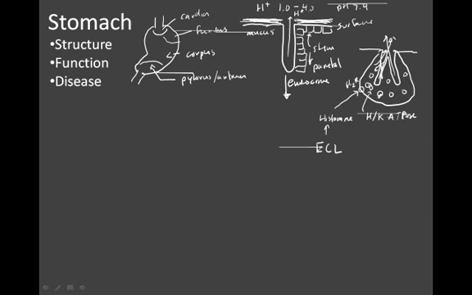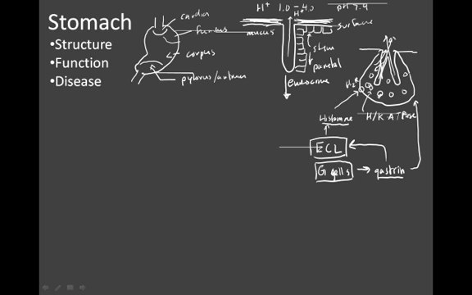In addition to ECL cells, there's also something called G cells. G cells, being very creative, secrete gastrin. Gastrin is another peptide which activates parietal cells, but also activates ECL cells. So I'll circle the cells as to not confuse the cells versus the regulatory molecules.